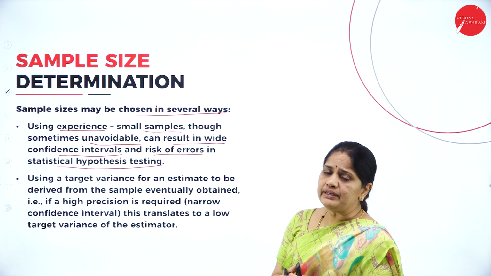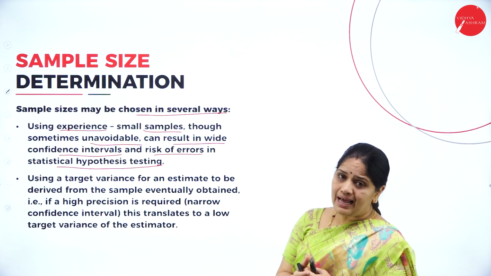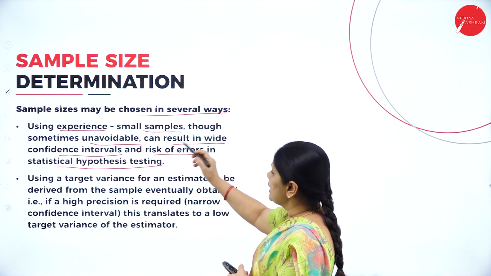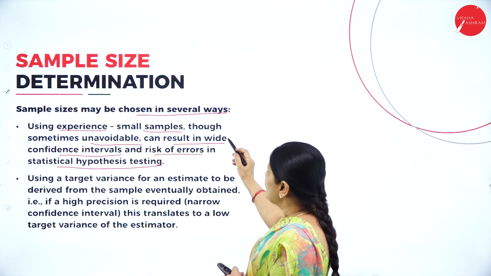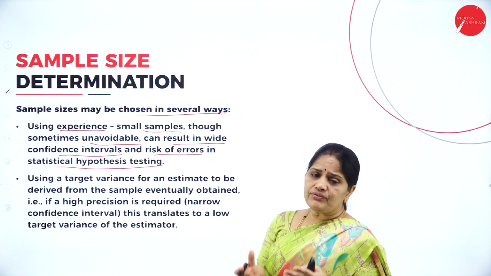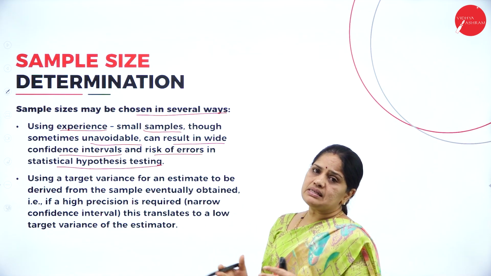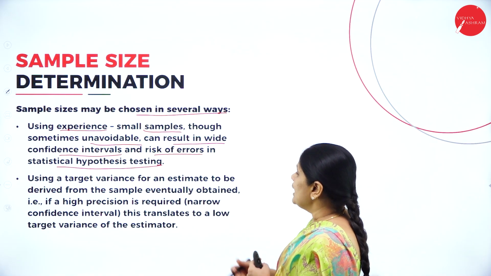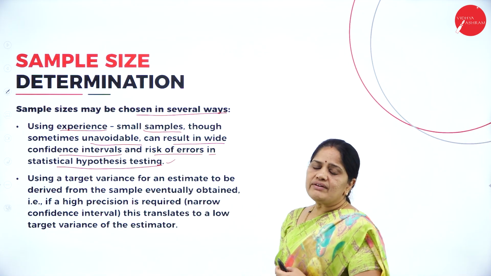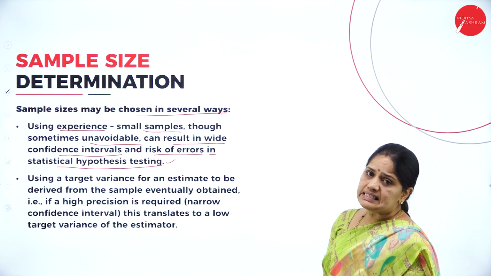Then those 10 persons will be representing the entire 1 lakh population. So small samples can result in wide confidence intervals. Whatever information we collect from those 10 people may not be representative of the entire population, and there is a risk of errors in statistical hypothesis testing. So when we test the hypothesis, we may encounter errors.